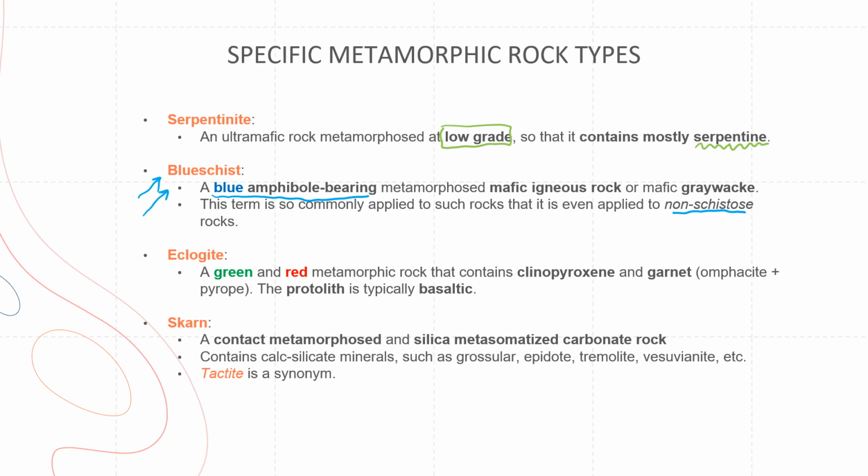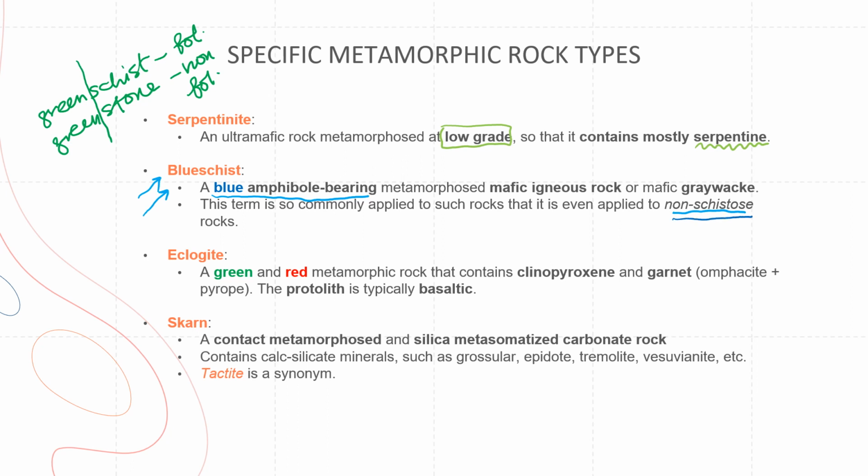If you remember from the previous example, we had green schist and greenstone to differentiate whether it was foliated or non-foliated. But this is not the case for blue schist, so even if it didn't show any schistosity, it would still be called blue schist.